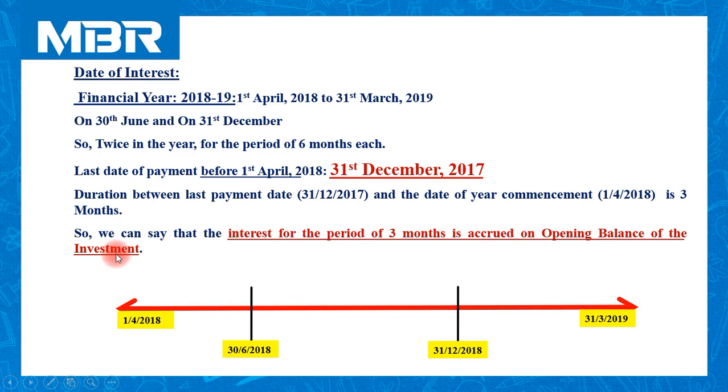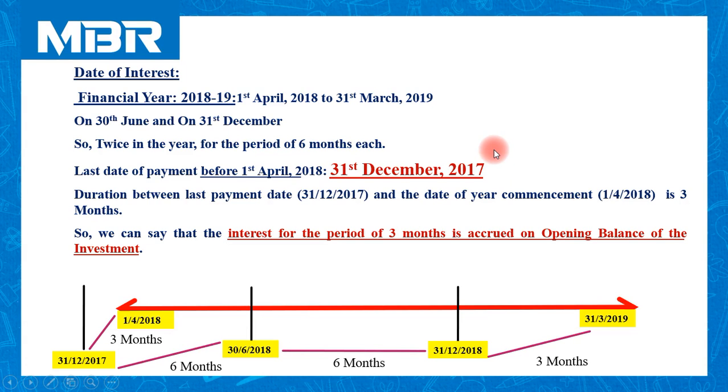So there is accrued interest of 3 months on the opening balance of the investment. Using this flow chart, we can easily understand that there is accrued interest of 3 months on the opening balance. And the examiner has given information related to accrued interest on the opening balance. So from that interest, we need to calculate the rest of the items.